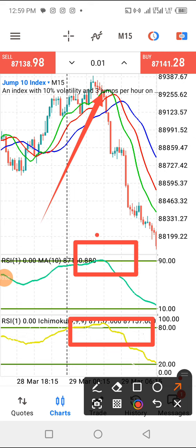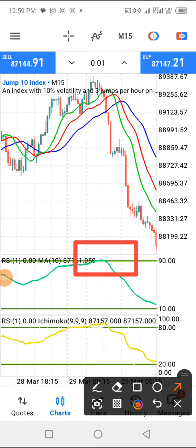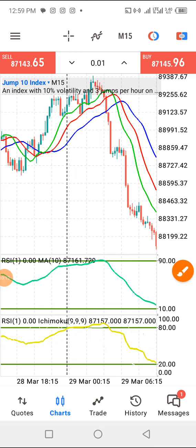That is just the theory behind the alligator indicator. So when it's like that, what you do next is you open a sell order. When these settings occur like this, you open a sell order.